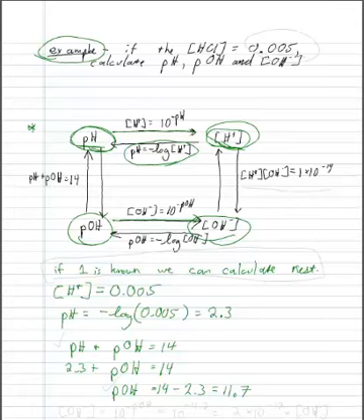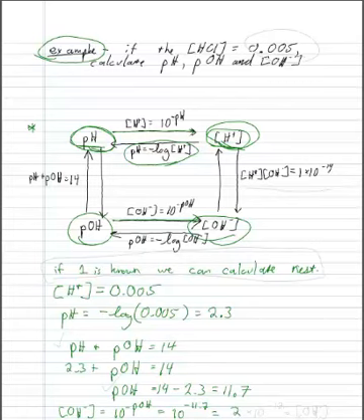So my concentration of OH minus is equal to 10 to the negative pOH, which is equal to 10 to the negative 11.7. I can use my calculator to calculate that, and it's approximately 2 times 10 to the negative 12th. And I can also get that from using this equation over here.